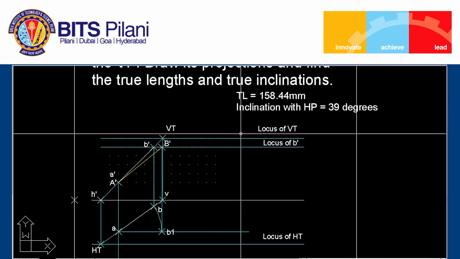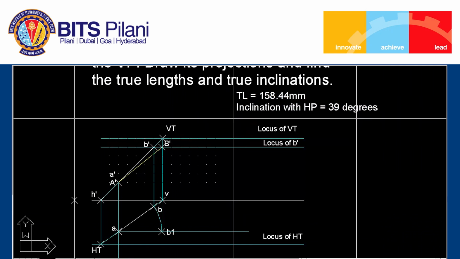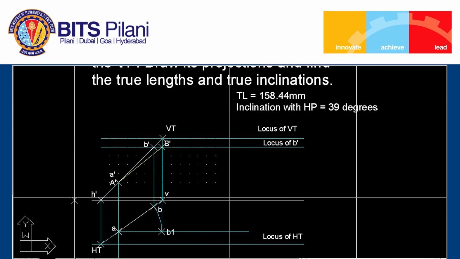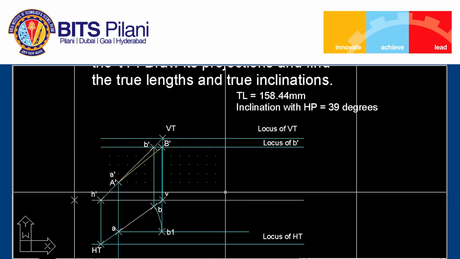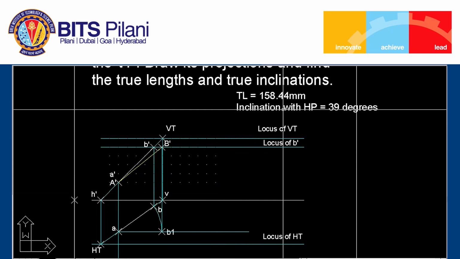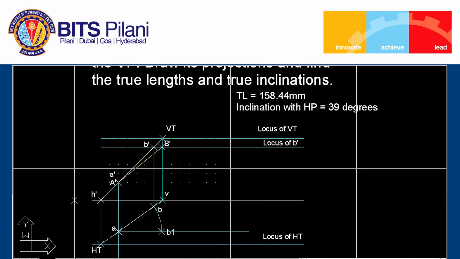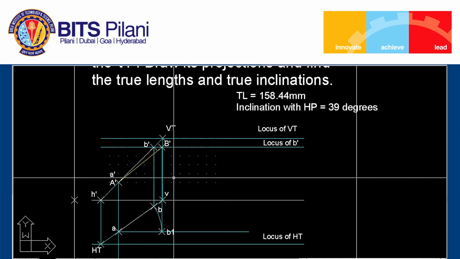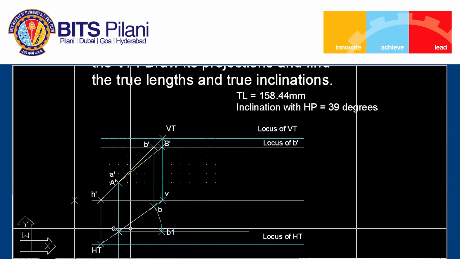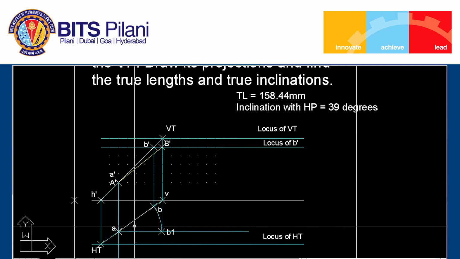Okay, so these two pieces of information we got, but we want true inclinations, that is the inclination with HP and VP also. We got theta, now we want phi also. For that purpose we should obtain the true length in top view also.